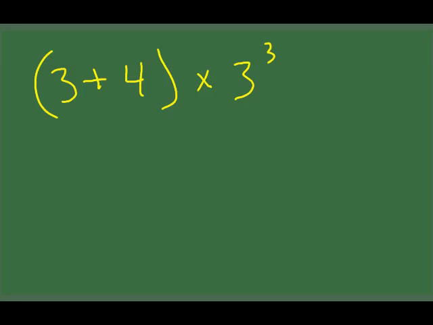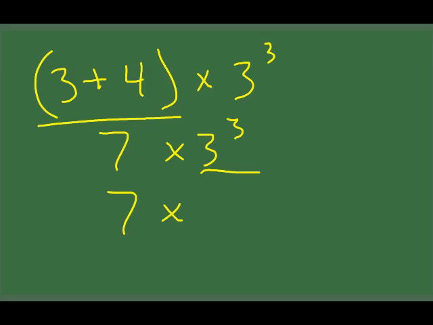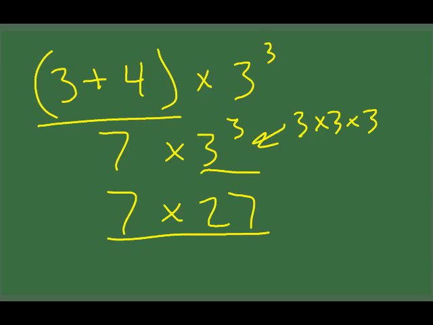Okay, and this one we do have parentheses, so I have to start with those. Rewrite the rest. Next would be exponents. 7 times. Don't put 9. That's a marker answer. So now we have 3 times 3 times 3. That is 27. Probably a good calculator option here. 7 times 27 is 189, right?